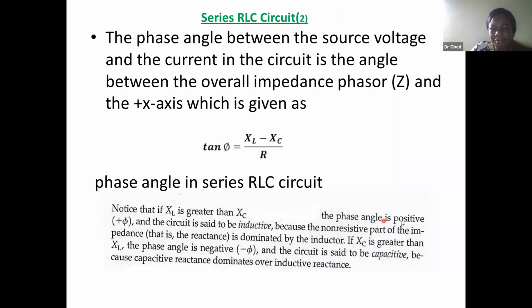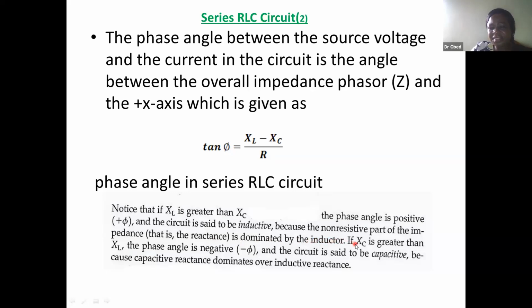The phase angle is positive phi, and the circuit is said to be inductive. Why? Because the non-resistive part of the impedance, that is the reactance, is dominated by the inductor.